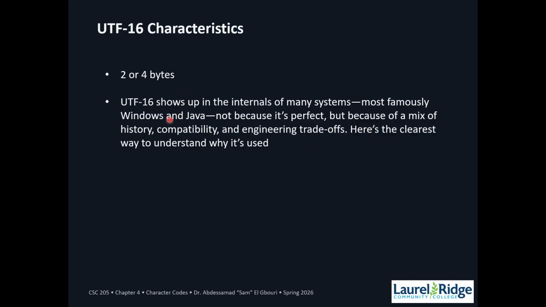UTF-16 is most famously used in Windows and Java, not because it's perfect, but because of a mix of history, compatibility, and engineering trade-offs. So it's mainly used a lot in the internals of many systems.